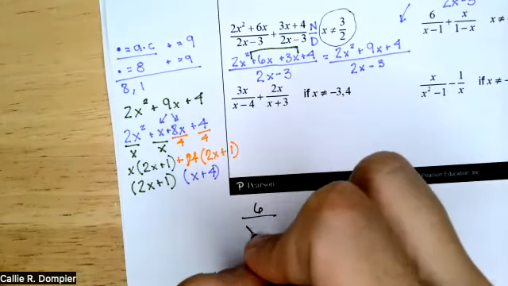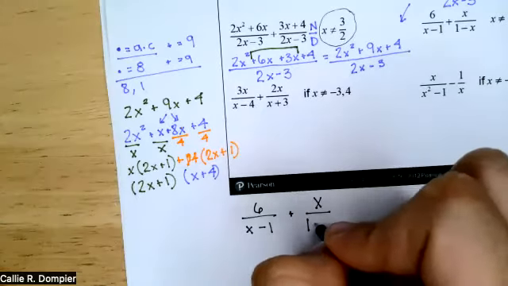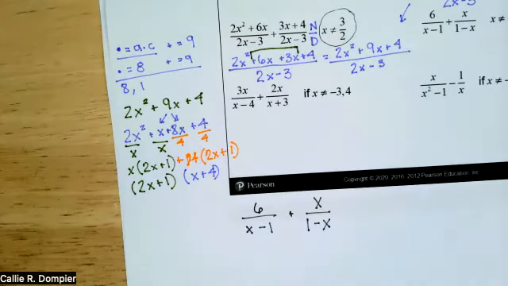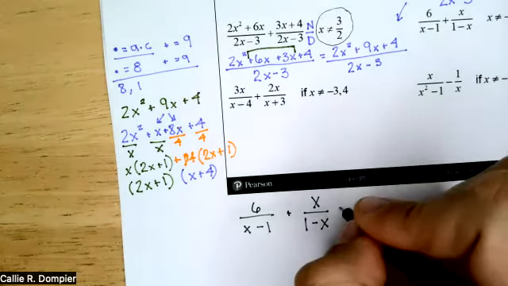Another. All right. Second one is 6 over x minus 1 plus x over 1 minus x. Are these common denominators? X minus 1, 1 minus x. Well, first let's put it in order.